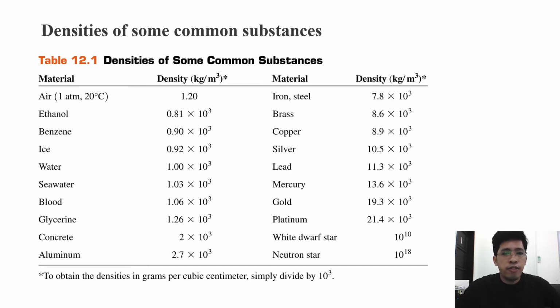These are the densities of some common substances, and it will be good to take note of the density of the following materials. You have the density of air, that is at 1 atmospheric pressure at 20 degrees Celsius. The density of air is 1.20 kilograms per m cube. Ice, on the other hand, has a density of 0.92 times 10 to the third kilogram per m cube.